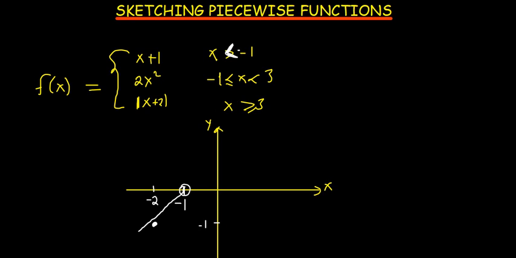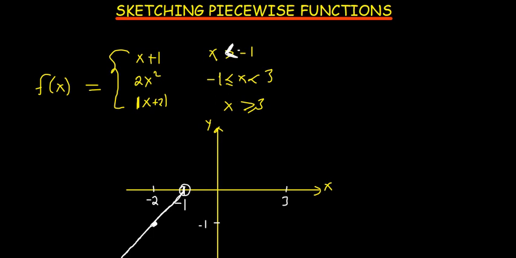So we're supposed to pass through this point and go and pass through here. It should be a straight line. Okay, like that. Now between negative 1 and 3, when x is negative 1 and when it is positive 3, the function is giving us 2x squared.